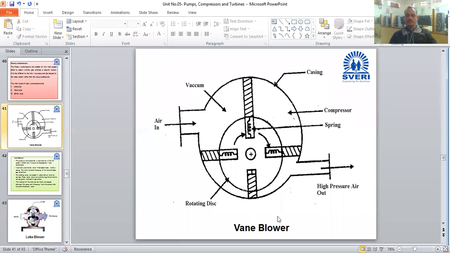When air comes in from the atmosphere into this first chamber, we can say its volume is V1, and when we start the prime mover, the trapped air in this chamber will move along with those 2 vanes. And if you observe here, the casing is designed in such a way that when it starts rotating, the volume of that chamber goes on decreasing.